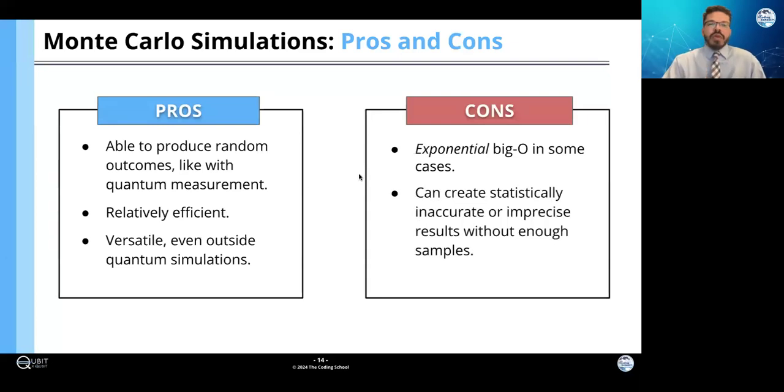And also, because Monte Carlo is random, think about when you do a poll to find out which presidential candidate is in the lead, right? You need to have a lot of samples in your sampling population to be accurate. So unless you're running your simulation long enough or include enough data points, you may have some inaccuracies that show up.